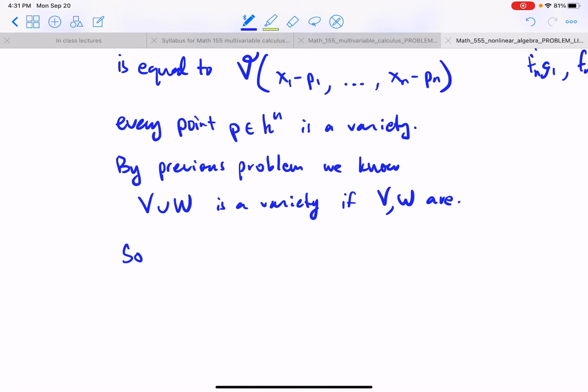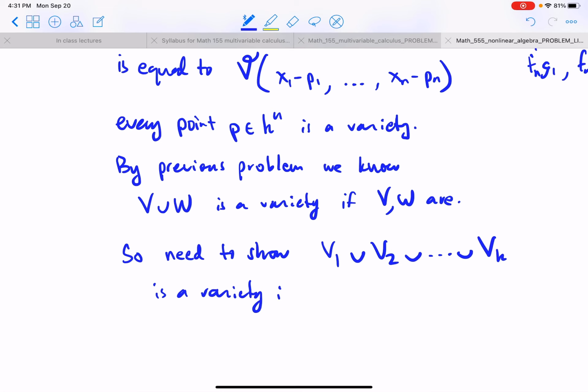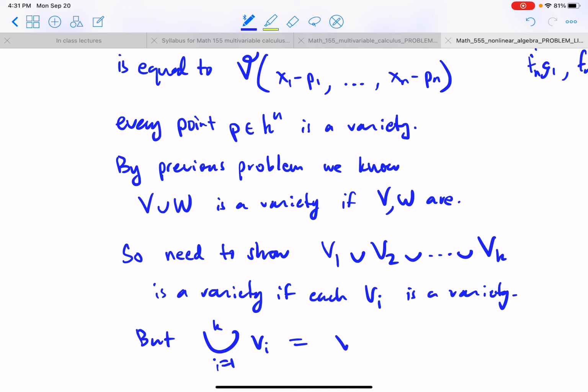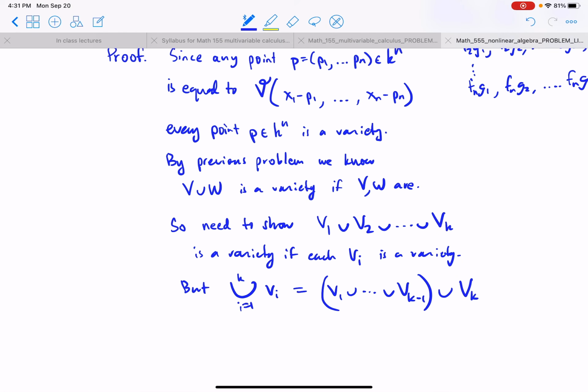So, I need to show that V1 union V2 union up to Vk is a variety if each Vi is a variety. But this union from i equals 1 to k of the Vi's is equal to V1 union up to V(k minus 1), union the kth. So I'm just grouping the first ones.